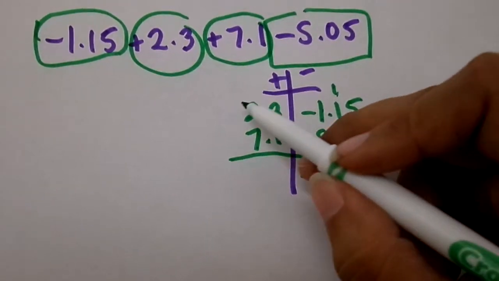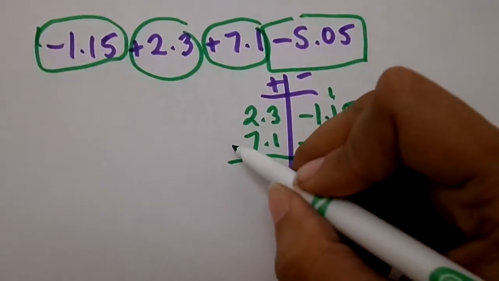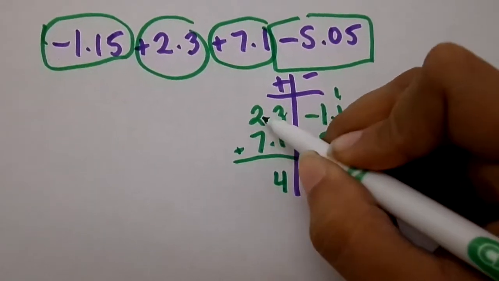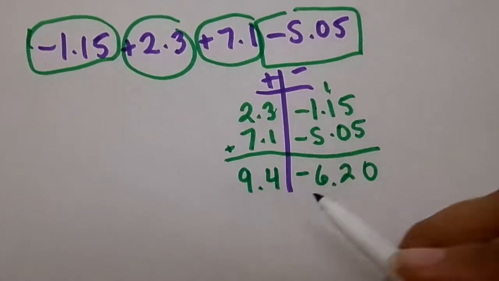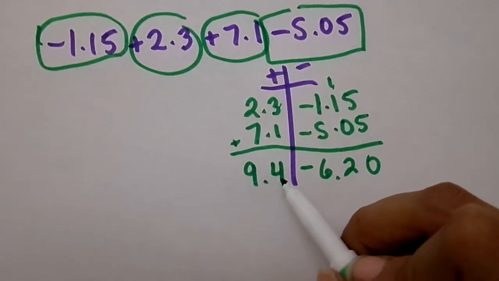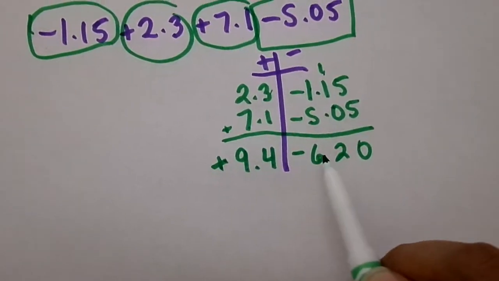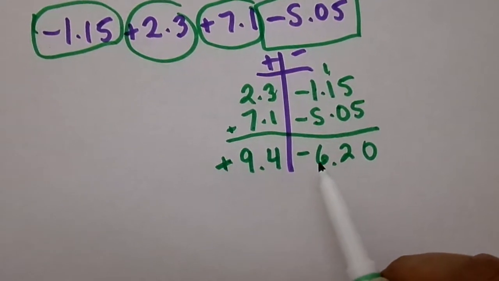Now I'm going to combine all the positives to see how many I have. I'm going to add these together as well. 3 plus 1 is 4. 2 plus 7 is 9. So I have 9.4 or 9 4/10 that are all positive. Now I have to combine these 2 numbers. They have different signs, so I'm going to subtract them.